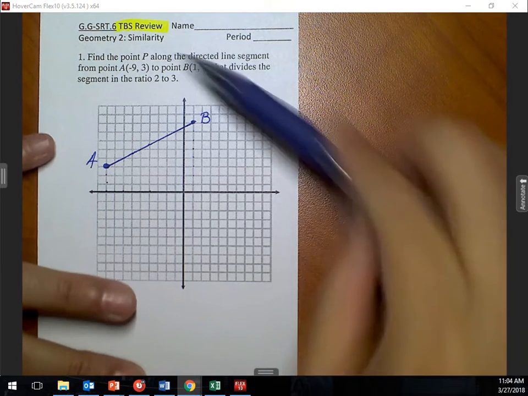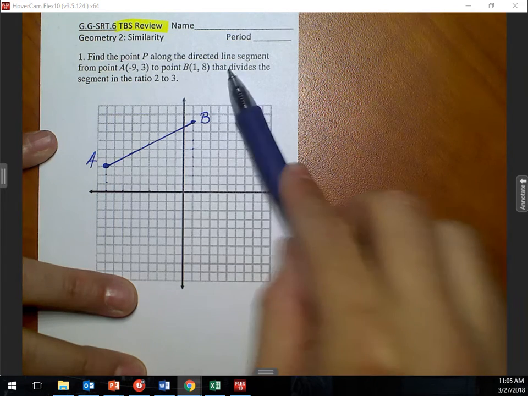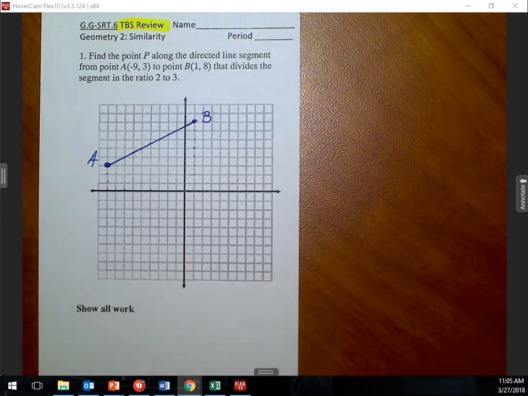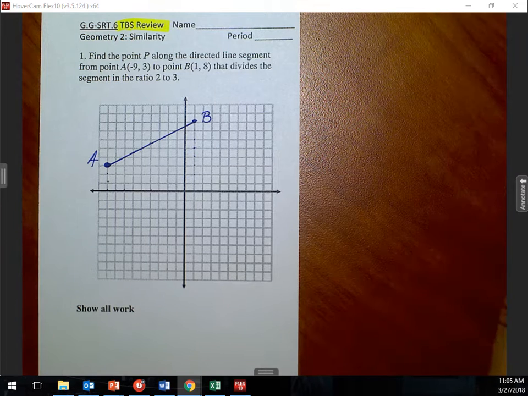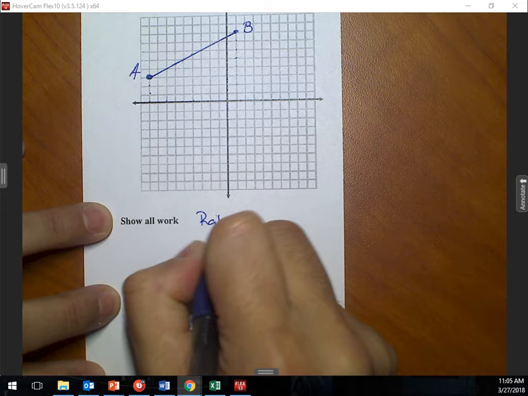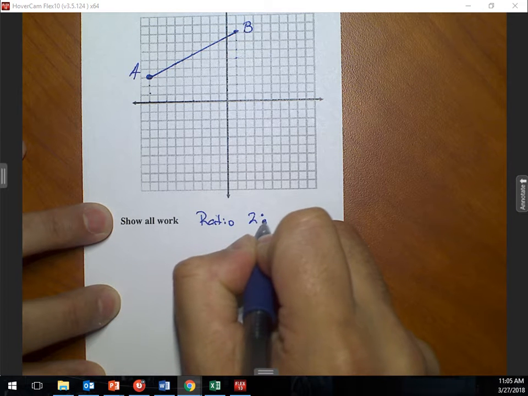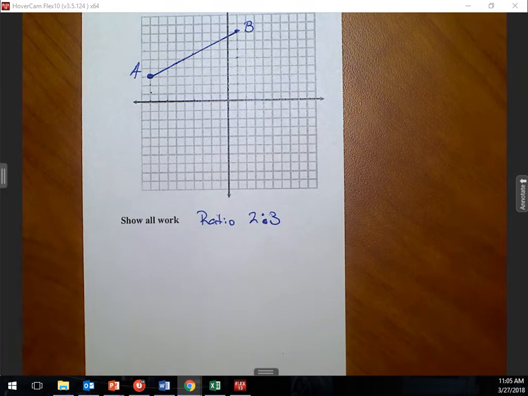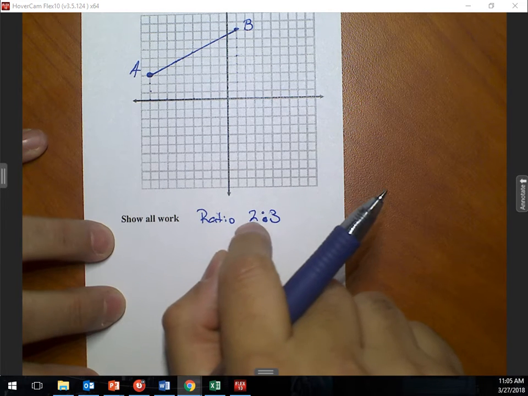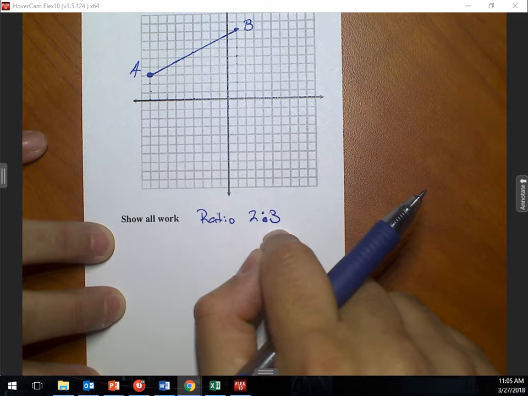So we're trying to find point P, which is somewhere on here, that divides the segment into the ratio of 2 to 3. Okay, my ratio of 2 to 3 actually means that there's 2 parts on the left, 3 parts on the right.